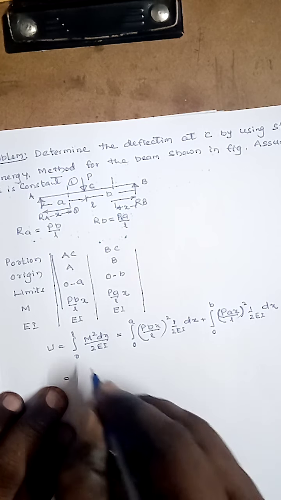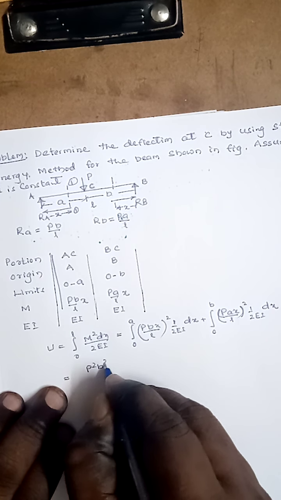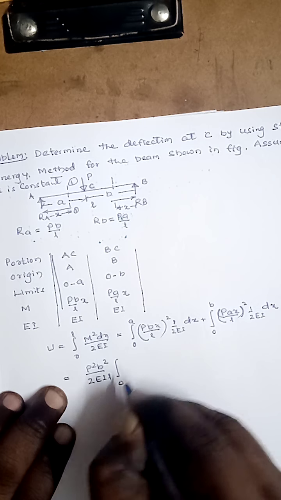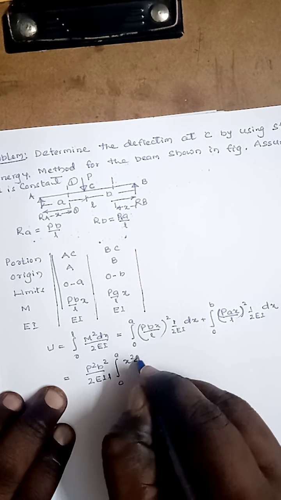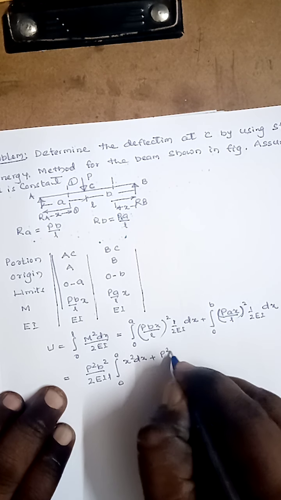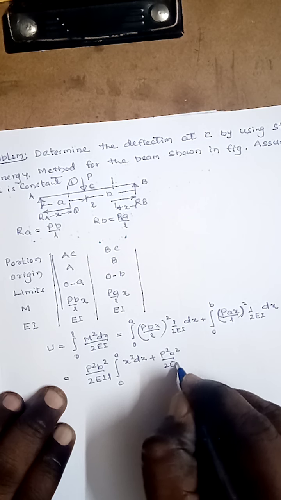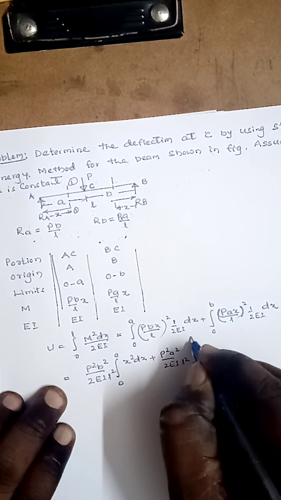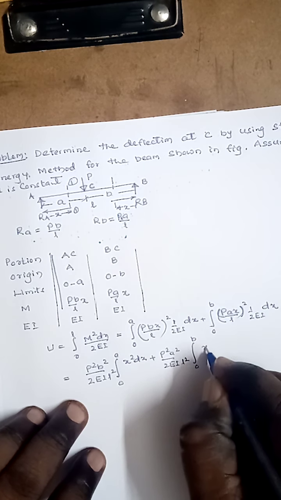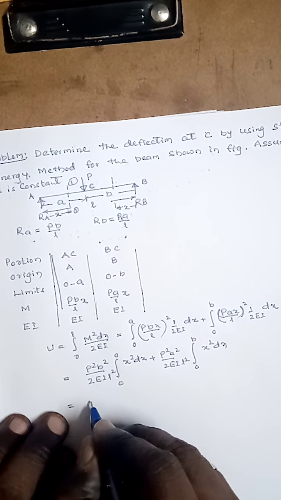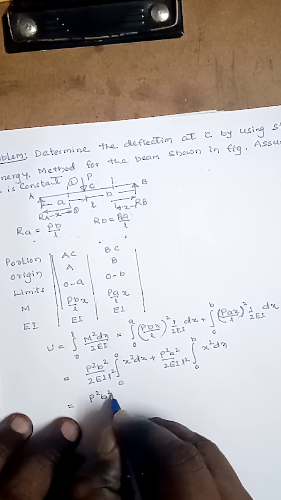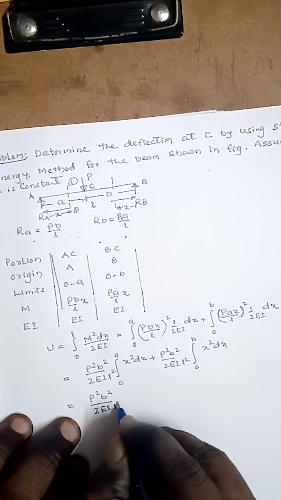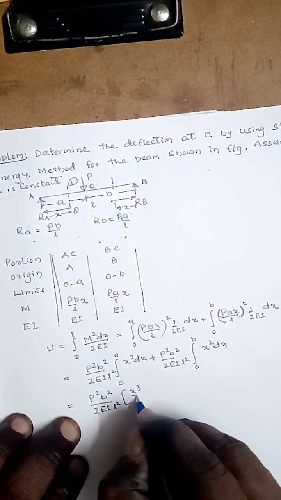If you simplify this, P square B square by 2EI L square, integration of x square dx for the first portion, plus P square A square by 2EI L square, integration of x square dx with limits 0 to B. Then if you integrate this, integration of x square is x cube by 3.